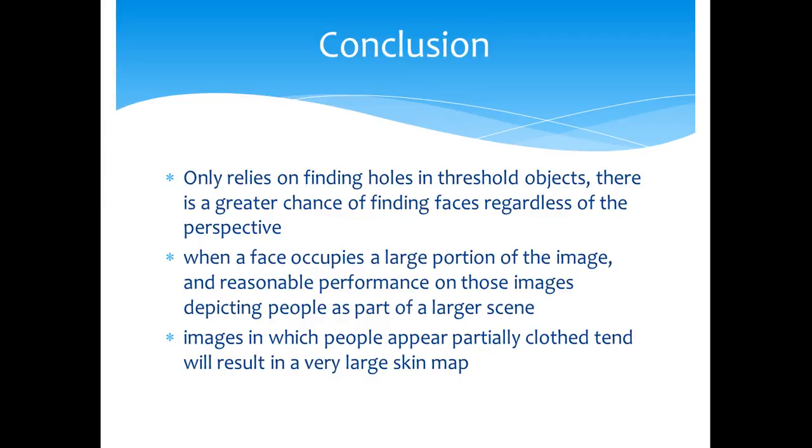Images depicting people as part of a larger skin area, in which people appear in close-up poses, will result in a very large skin map. That is maybe because that kind of clothing looks really like our skin, so it leads to this result.